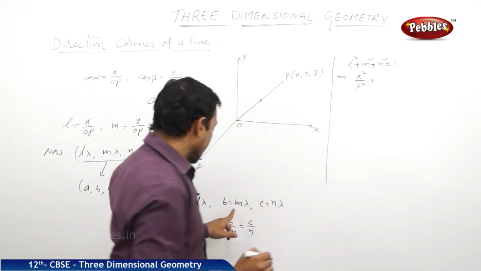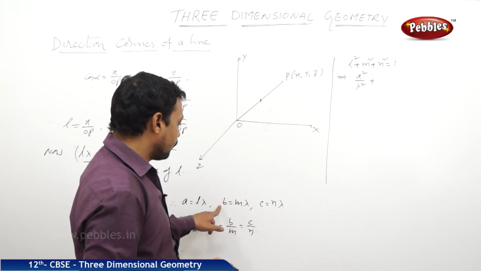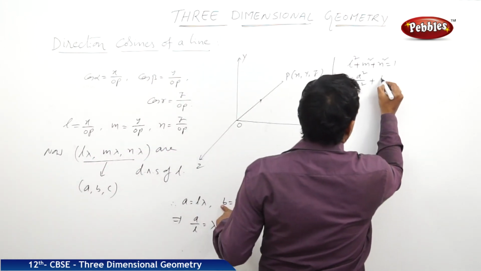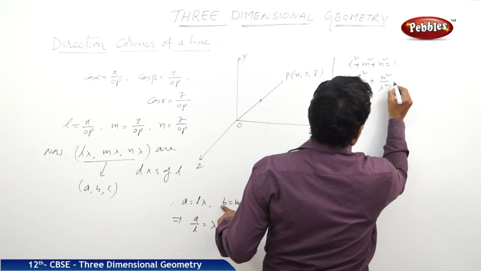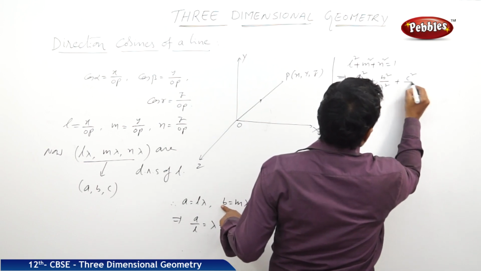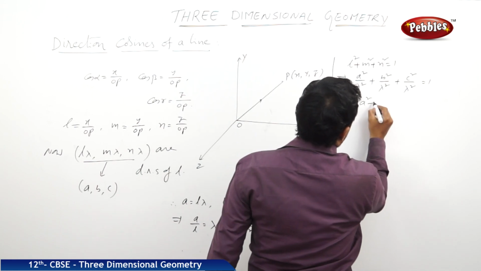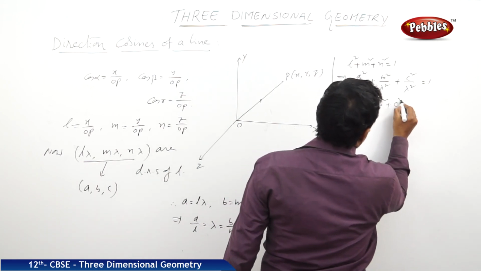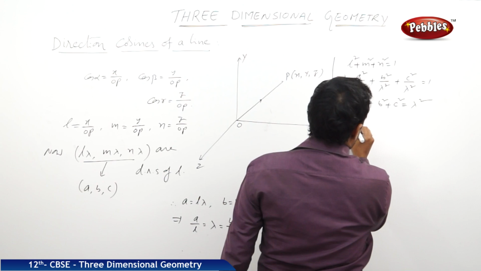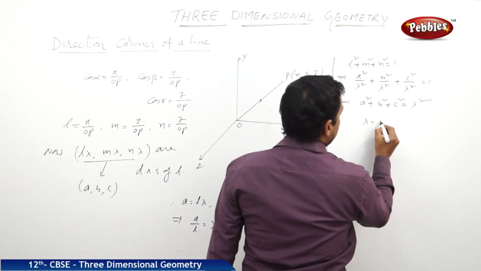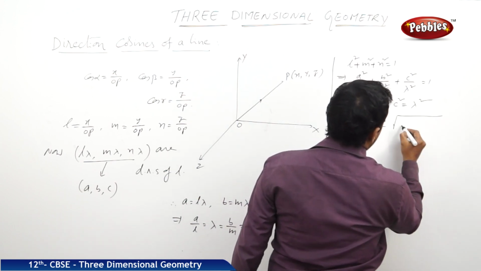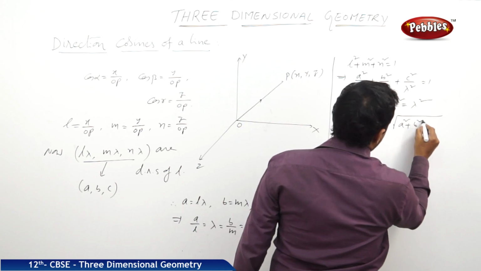And M is equal to B by lambda, therefore M square is equal to B square by lambda square, and N square is equal to C square by lambda square. The sum is equal to 1. Now A square plus B square plus C square is equal to lambda square. Taking square root on both sides, lambda is equal to plus or minus root of A square plus B square plus C square.